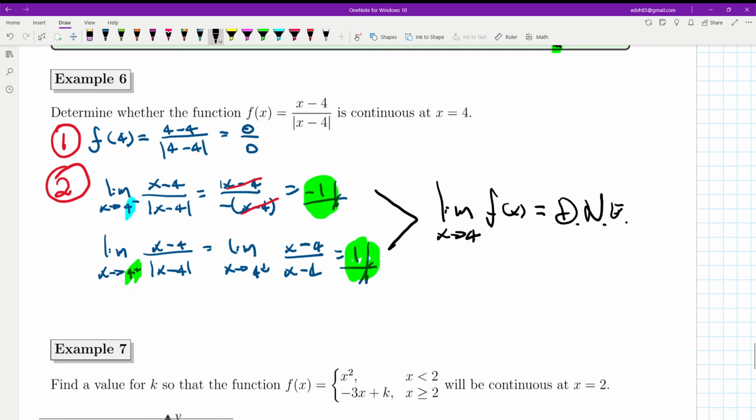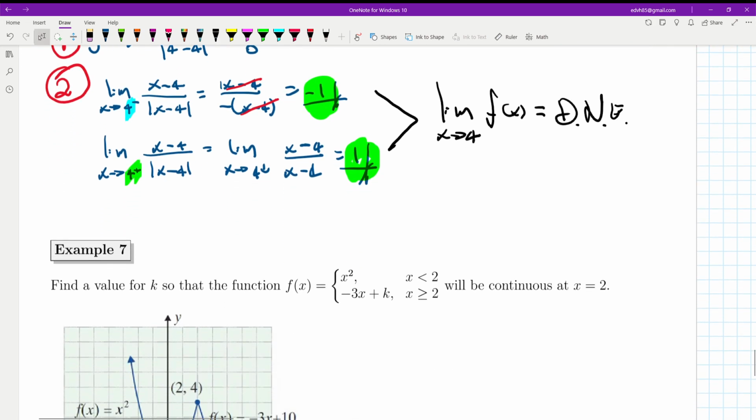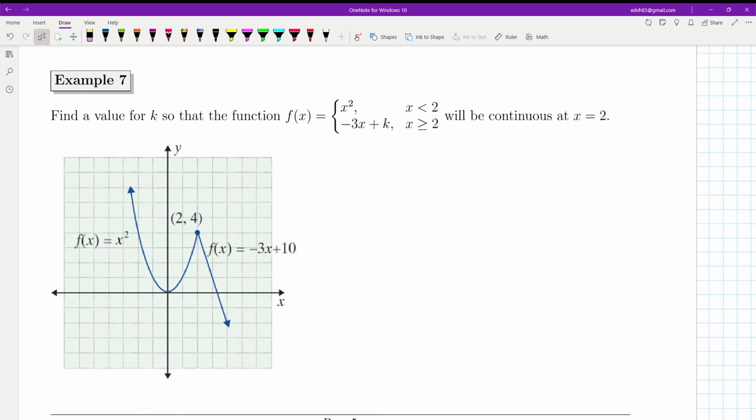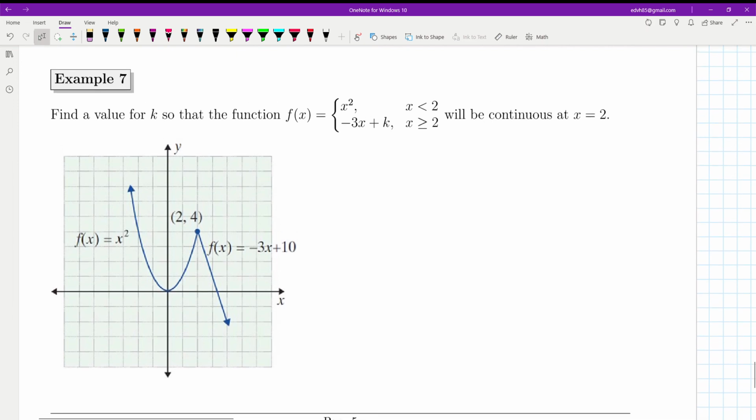Again, same idea. A very classical problem in continuity is that you are given a piecewise defined function, like x squared if x is less than 2. Notice it's the parabola, but it's not the entire parabola. It's just the portion of the parabola with x values that are less than 2.